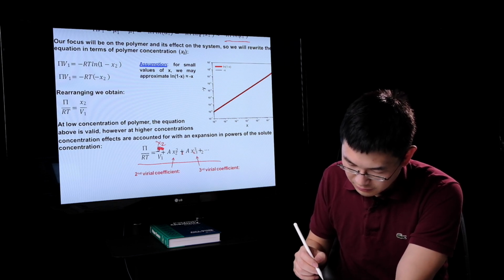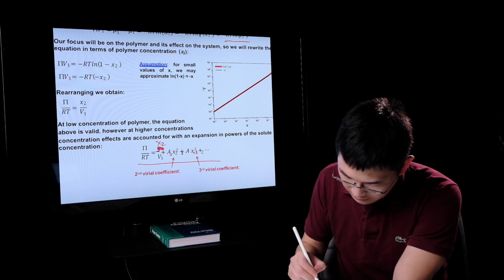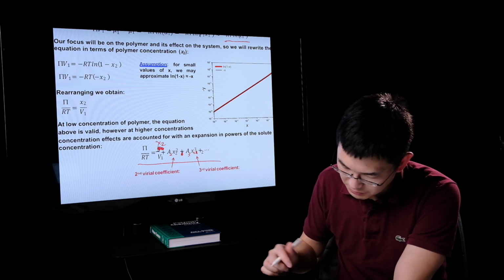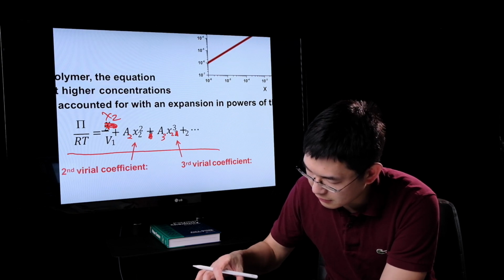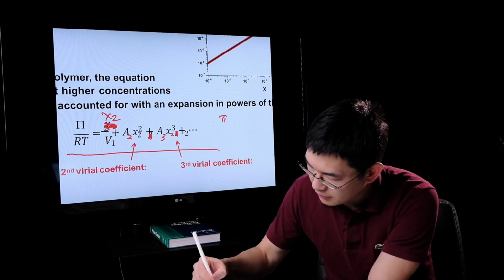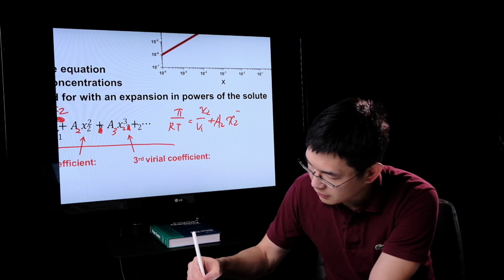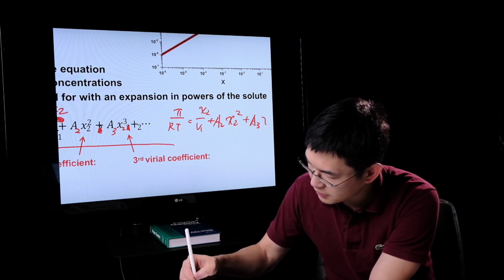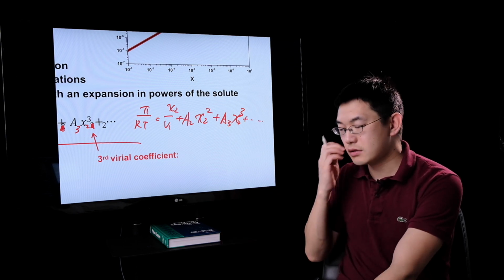One thing that I want to help everybody with is that this looks like some of the numbers are shifting around and doing weird stuff. Let me write it again at the bottom so that everybody can see. Pi divided by RT will be equal to x2 divided by V1 plus A2 x2 squared plus A3 x2 cubed, and now you can have higher order terms.